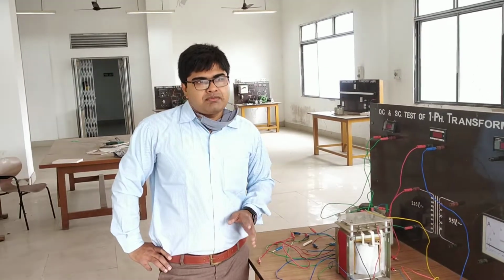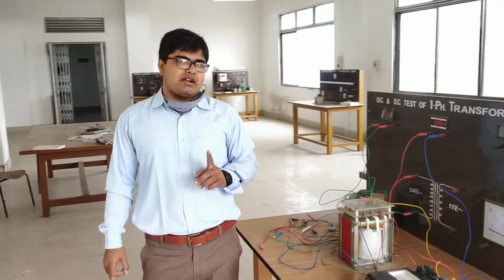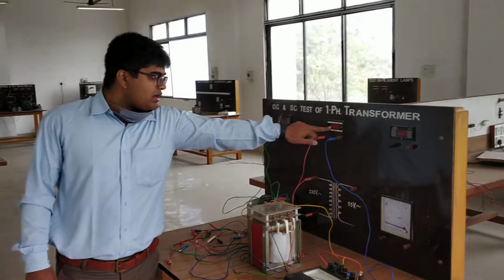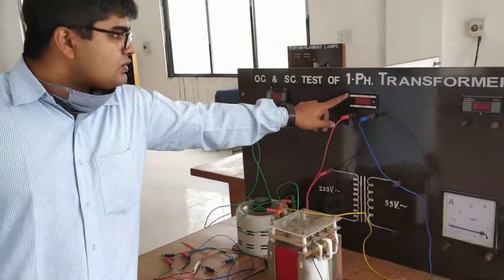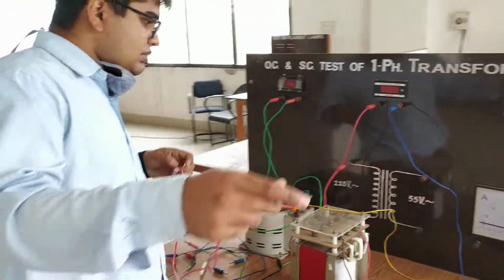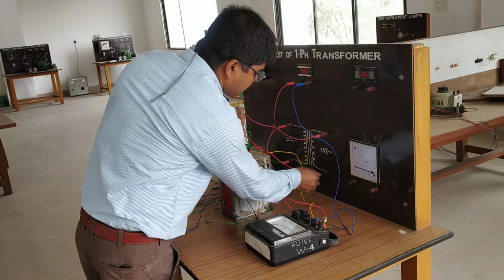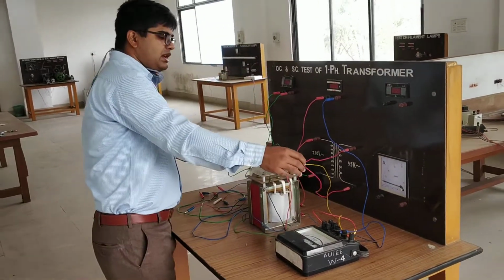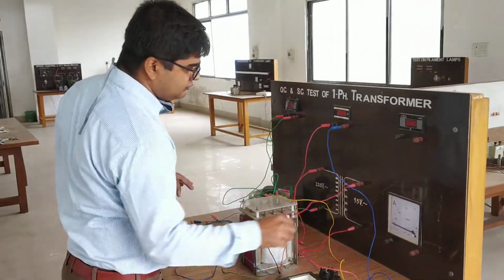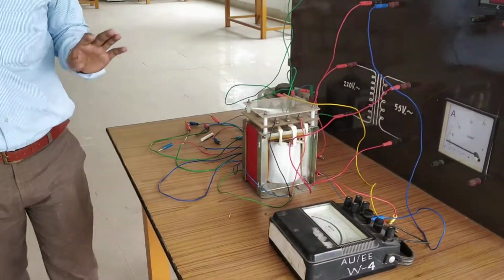So we must apply that rated current. And lastly, I forgot one thing. The secondary side, that is the low voltage side, must be short circuited. Okay, this is the short circuit I have done.